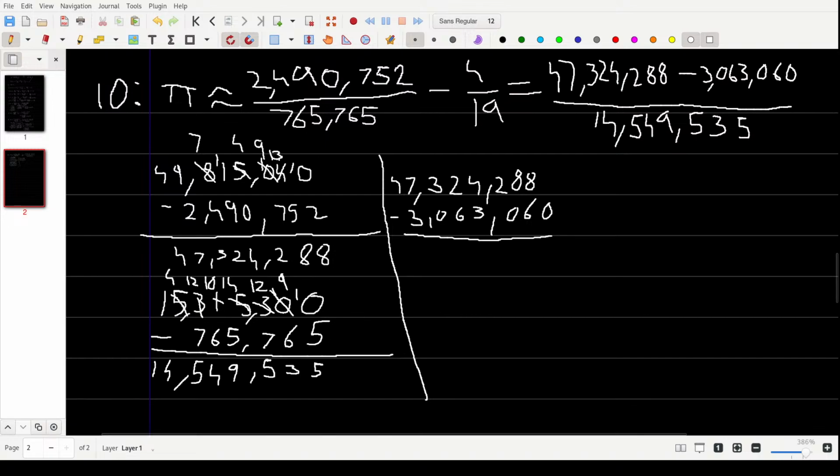So just needed to check that this number was correct. So that's 8, that's 2, that's 2, that's 1, we need to borrow, so it's 12, and 6, that's 2, it's 44.